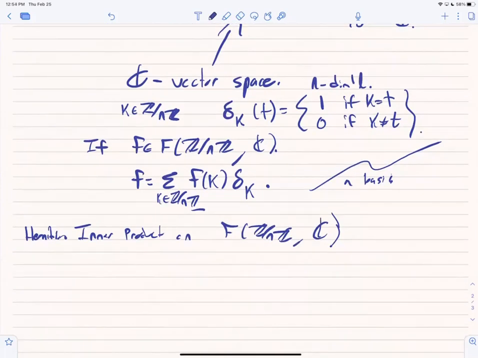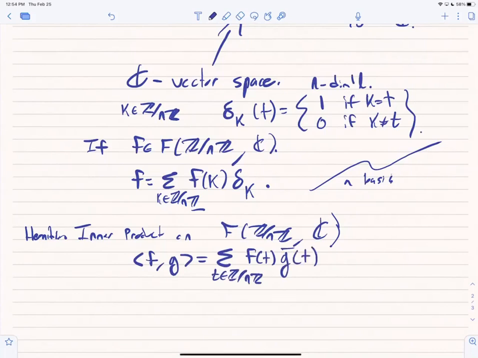Well, we should pair two functions, F and G. We should look at the sum over all elements t in Z mod nZ of F of t times G bar of t.